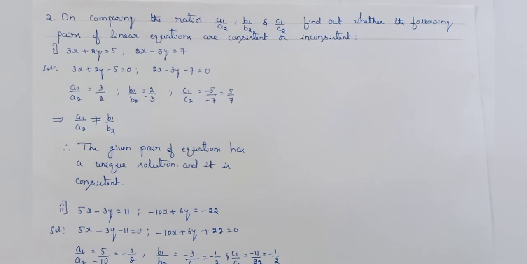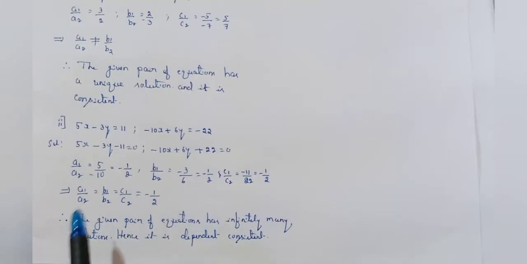Now, all the three ratios here, a1 by a2 is equal to b1 by b2, b1 by b2 is equal to c1 by c2 is equal to minus 1 by 2. Here, since all the three ratios are equal, therefore the given pair of equations has infinitely many solutions, hence it is dependent consistent.